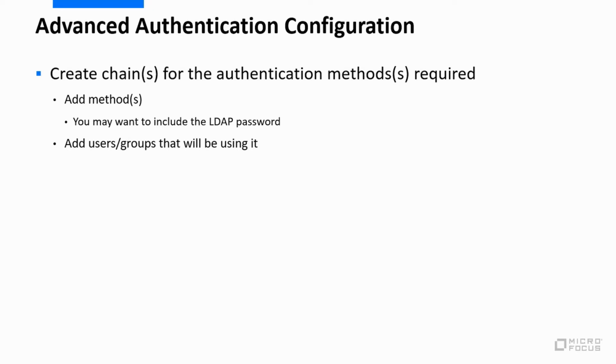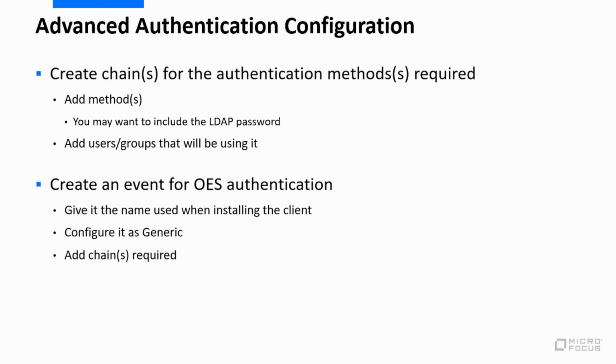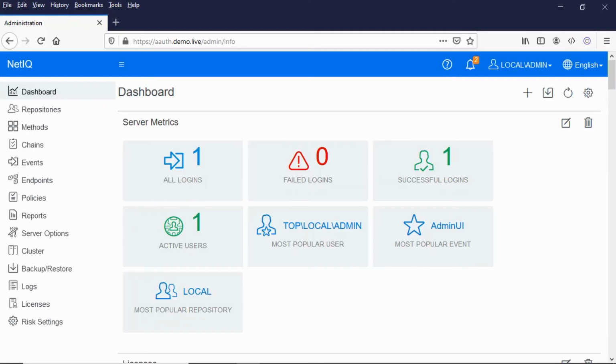So unlike some other applications like Filer, where we pre-authenticate with the user and password, then ask Advanced Authentication for confirmation on that authentication, in this instance everything is going to be done through Advanced Authentication, so you're most probably going to want to have the LDAP password in there, so they type in the password and then some other method of authentication as well. And we also obviously need to specify which users or groups are going to be using that. And then we need to create that OES event. That's just going to be a generic event, and add the chains to that we're going to be using. Let's just set that up.